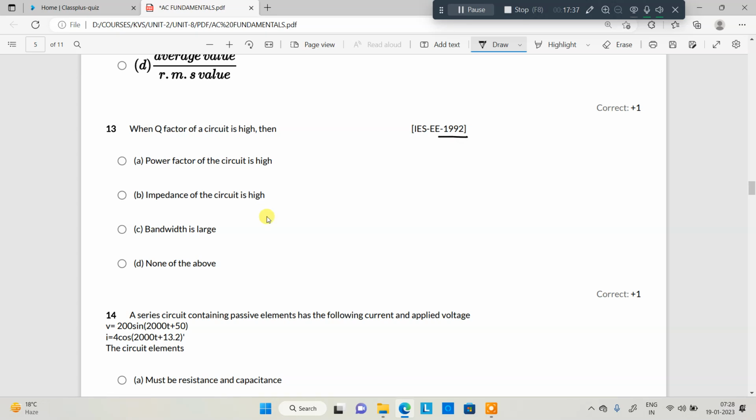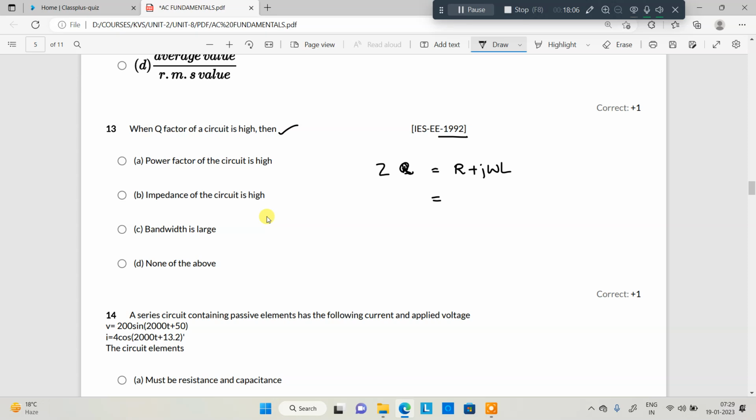They are asking about when the quality factor of a circuit is high. When the quality factor of a circuit is high, what is the effect? Maybe power factor in the circuit is high, impedance in the circuit is high, bandwidth is large, or none of the above. So I will explain with the help of some formula. You know, Z is equal to R plus j omega L, right?